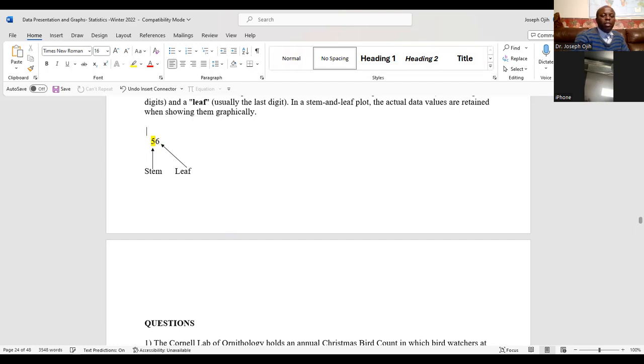Now if you have three digits, let's say I'm picking at random 456, the stem is the first two digits, then we have the leaf.